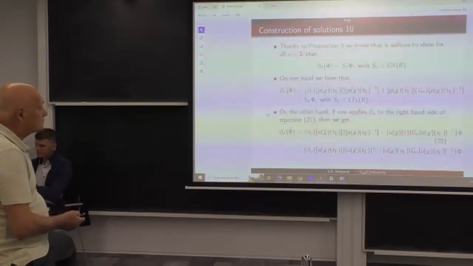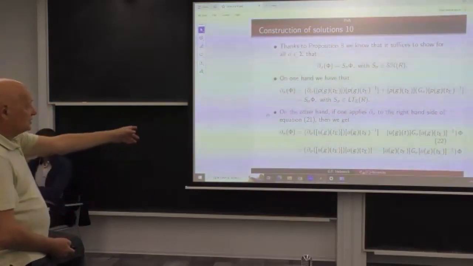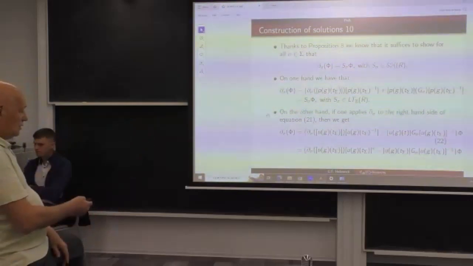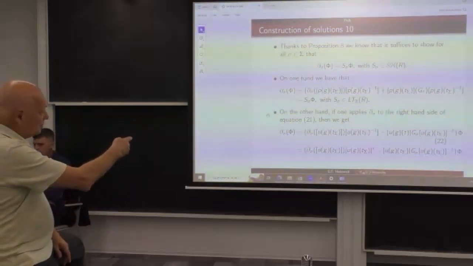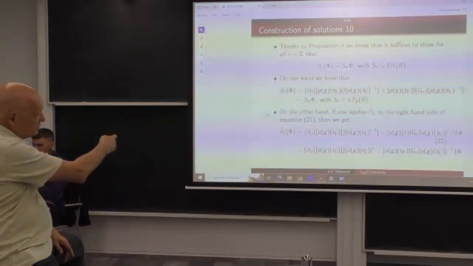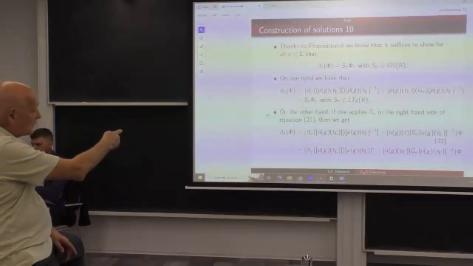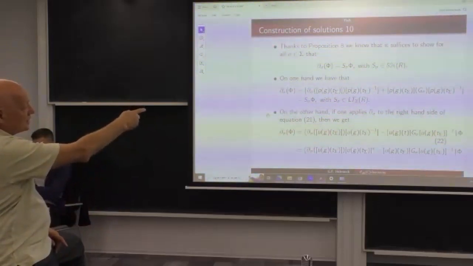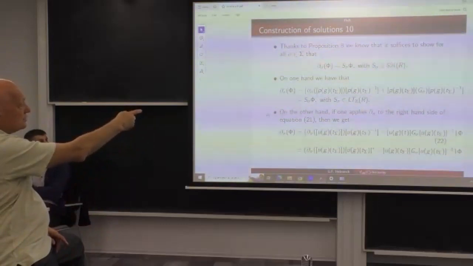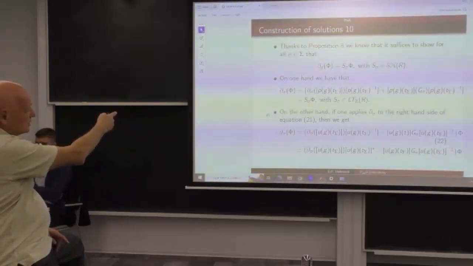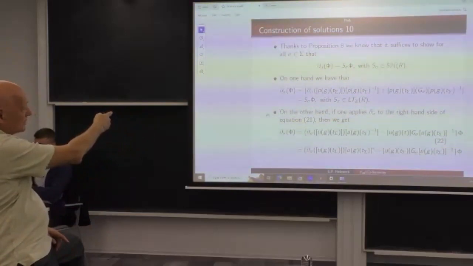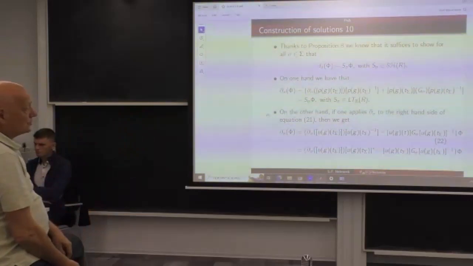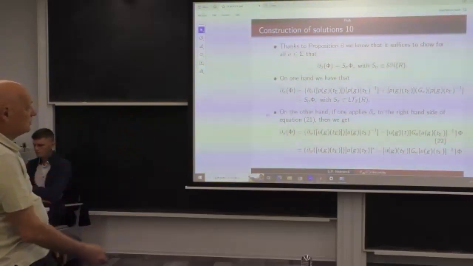So if I differentiate this one, now what you see, I get here downstairs some expression, oh no, sorry, in the middle. There you see the phi dropped out, so I get a matrix S sigma, which belongs to the pseudo difference operators.